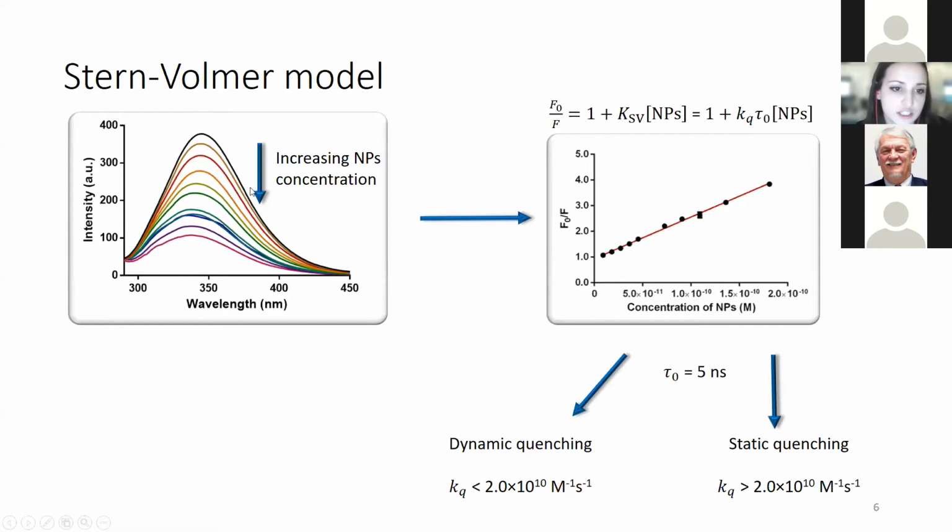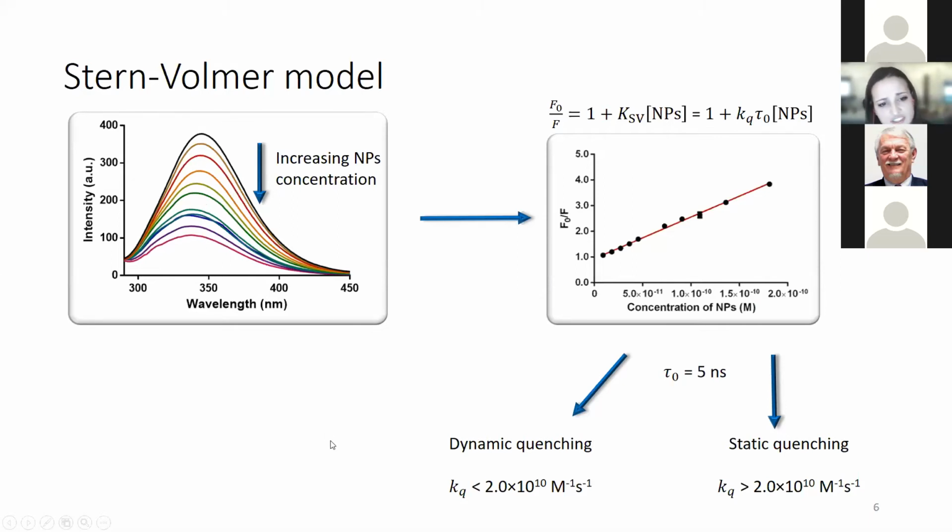So first, when you're starting the experiment, we measure the fluorescence intensity of the protein alone, which is this black spectrum. After that, we do a titration, increasing the nanoparticle concentration, and this intensity is quenched. So these nanoparticles are causing the quenching of the fluorescence.